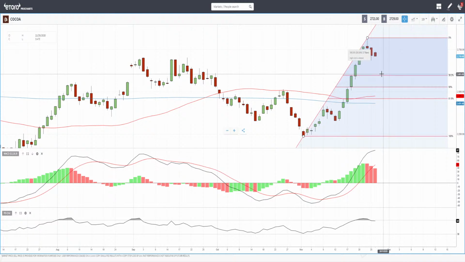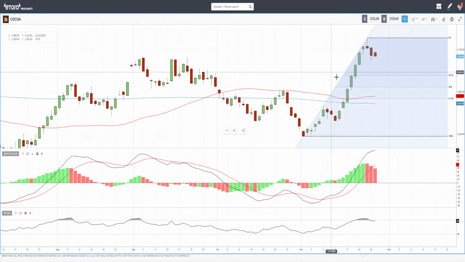We would expect support here. If this breaks, then we'll go towards the 50. If that breaks, that means we're going to the 60, similar to what we saw here. We went to the 38, then to the 50, and then towards the 61.8.